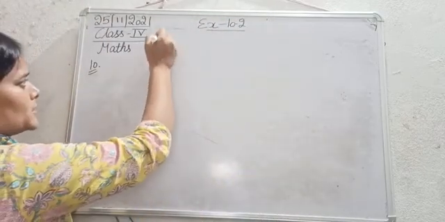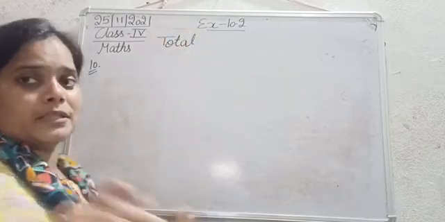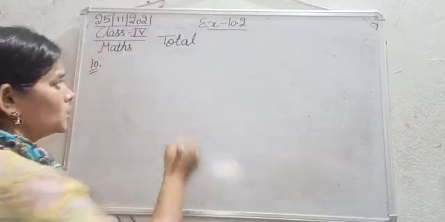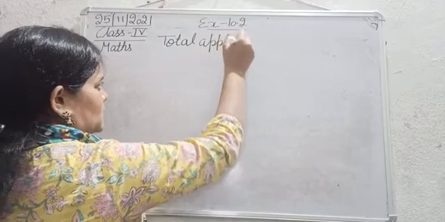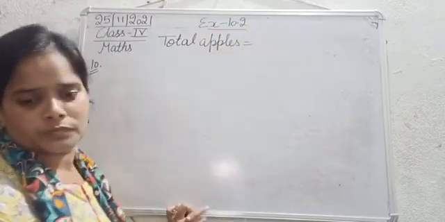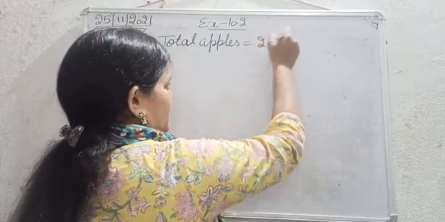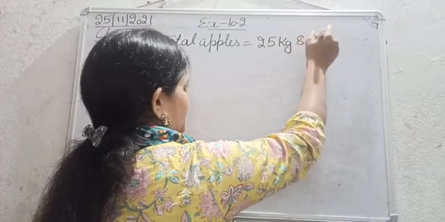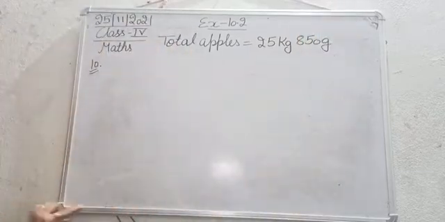So, total apples is equal to 25 kg 850 gram. Total apples 25 kg 850 grams.